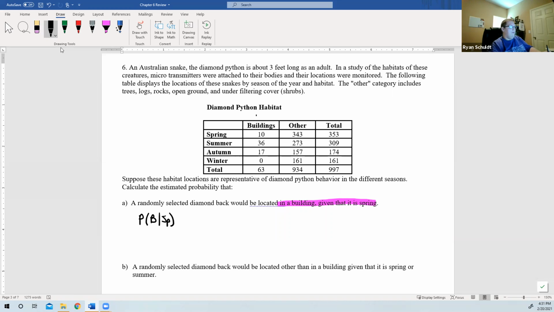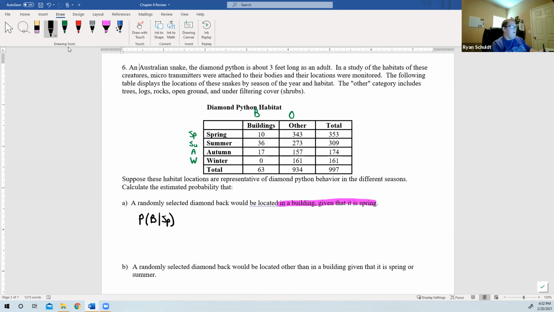I'm going to call these, let me write what we're going to call each of these, so that way it's clear: building, other, spring, I'm going to use SP, summer is SU, autumn, winter. Okay, so building given spring.